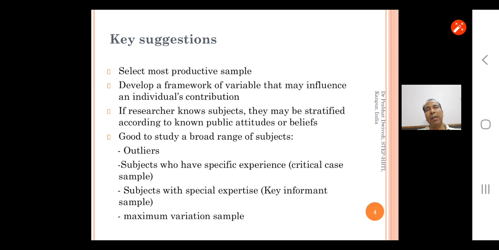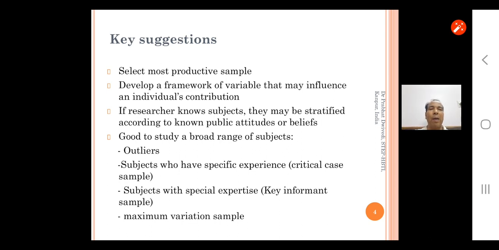If we are talking about a study related to corona and its impact on humanity and on the economy, we have to have experts related to academia, experts related to economy, experts related to health and medical sciences. They may be called key informants, and the sample may be called a key informant sample.